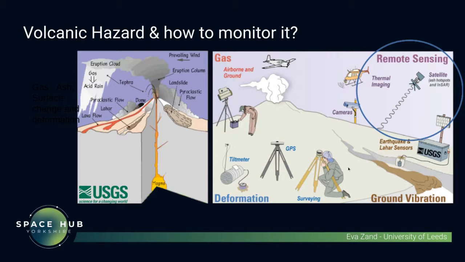As you can see on this left-hand side image, there are various hazards from lava flows to pyroclastic density flows, which are basically hot avalanches, including gases and volcanic material rushing down the volcanic flank and quite often very, very deadly, to lahars, which are mud flows created through heavy rainfalls, for example.